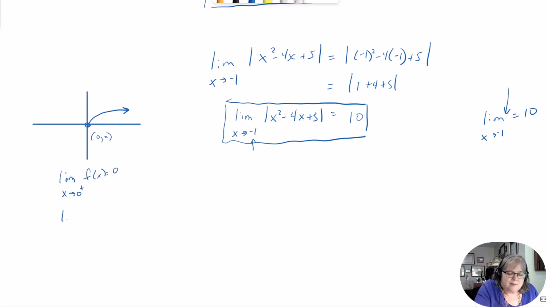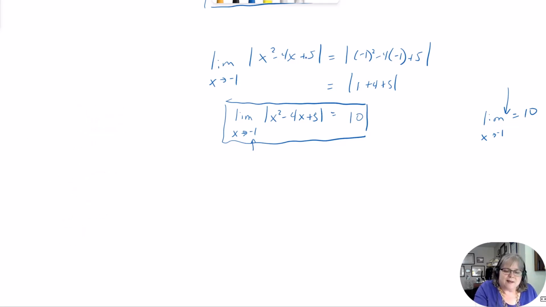The limit as x approaches 0 from the left, well, there's no function. So if you don't have any of the graph to that side, then you can't say it's the same, but this graph exists on either side of -1. So the two-sided limit and the right hand limit and the left hand limit would all match.